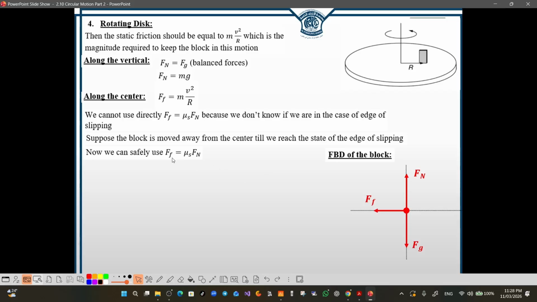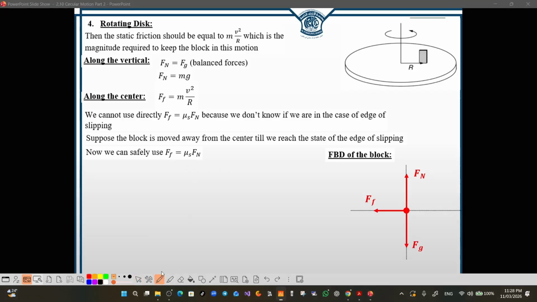So we can use this formula, because if we didn't do that, then we cannot apply Ff equals mu s Fn. Remember that Ff has a range of values. These values are between 0 and mu s Fn. So this Ff can be less than or equal to mu s Fn. It can be equal to mu s Fn only if we are at the edge of the motion.